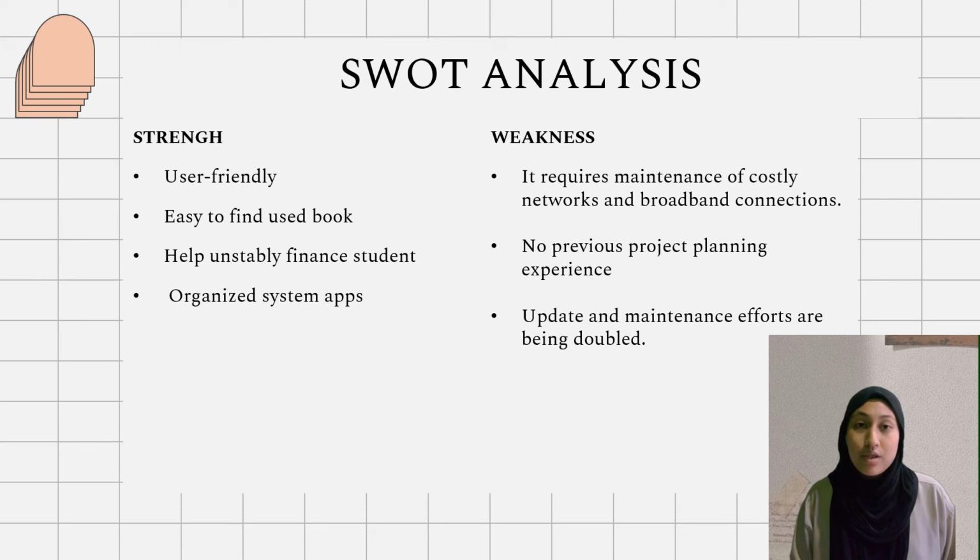Project planning is crucial for stakeholders, sponsors, teams, and the project manager as they go through various project phases. Planning is necessary to determine intended outcomes, lower risks, prevent missed deadlines, and eventually deliver the agreed upon service or outcome. Lastly, for our weaknesses, the update and maintenance effort is doubled.